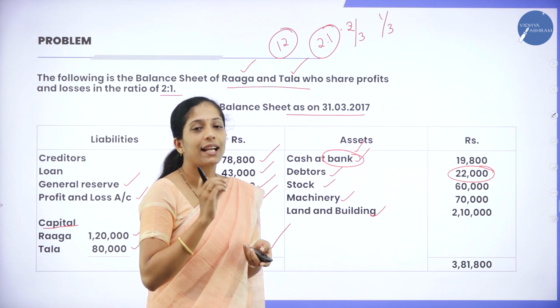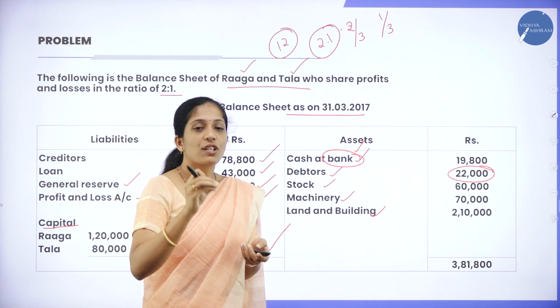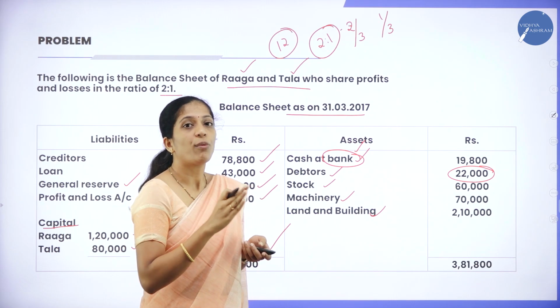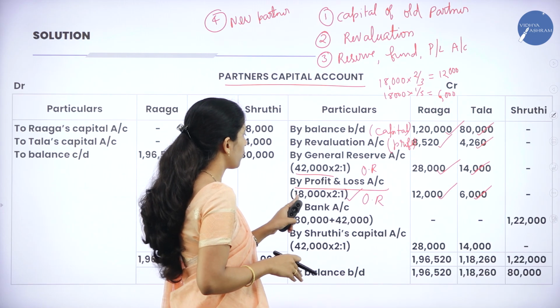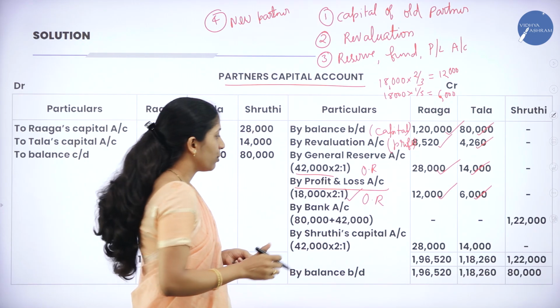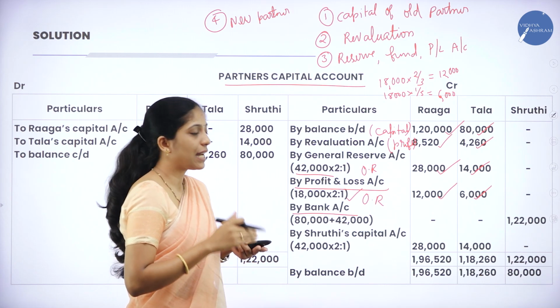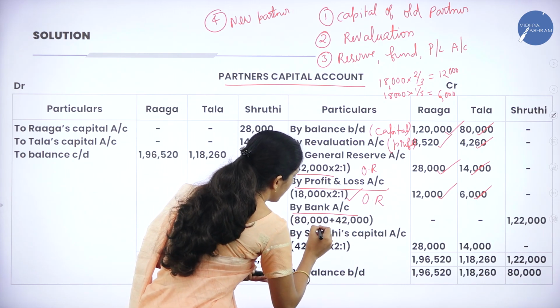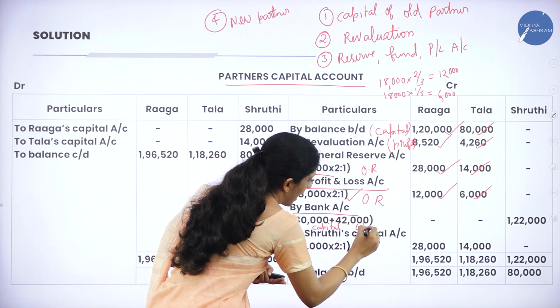So we shall take it as by bank account, for the amount brought by the new partner in the form of capital as well as goodwill. Write by bank account, adding both capital and goodwill. How much capital has she brought? 80,000. Then 42,000 as goodwill.